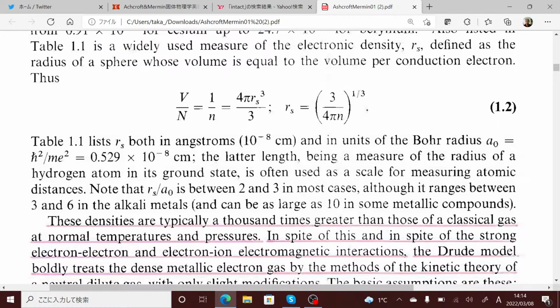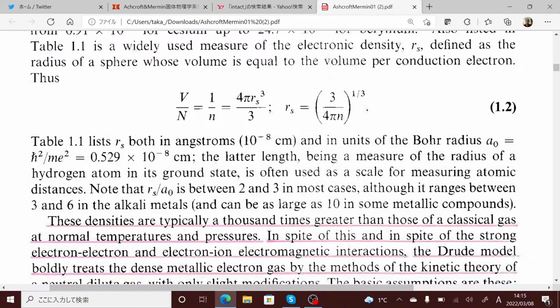Table 1.1 lists rs both in angstroms, which is 10 to the power minus 8 centimeter, and in units of the Bohr radius, a0 equals h-bar squared divided by m e squared, which is 0.529 times 10 to the minus 8 centimeter, the latter length being a measure of the radius of a hydrogen atom in its ground state, is often used as a scale for measuring atomic distances.